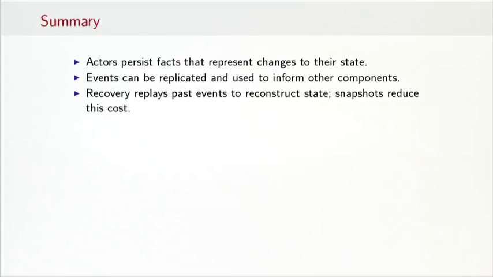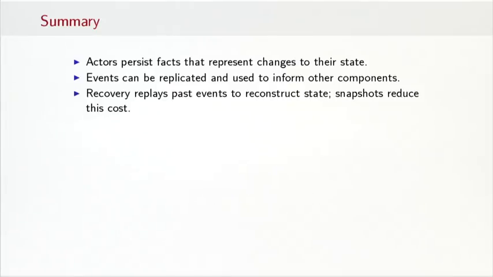We have seen that actors persist their state by recording the changes that they intend to make to it. Each event is a fact that represents knowledge about the past, and that can be freely replicated, shared, and sent around. Other components can use the events emitted by one to learn of that other component's progress and make changes to its own state.